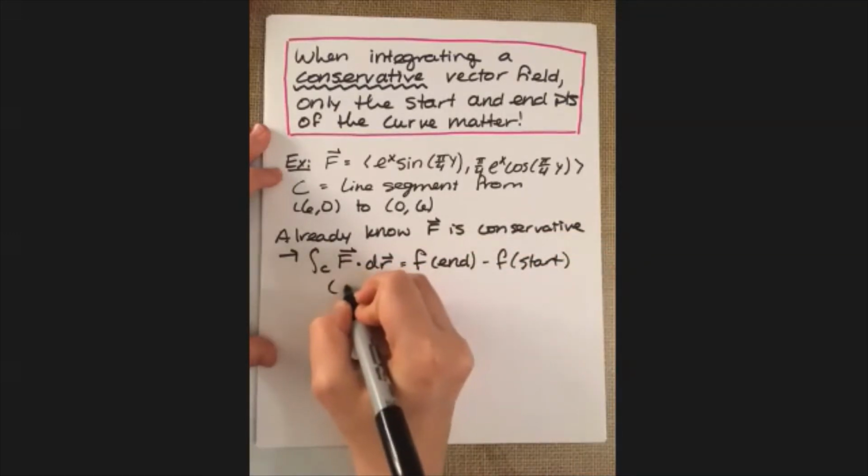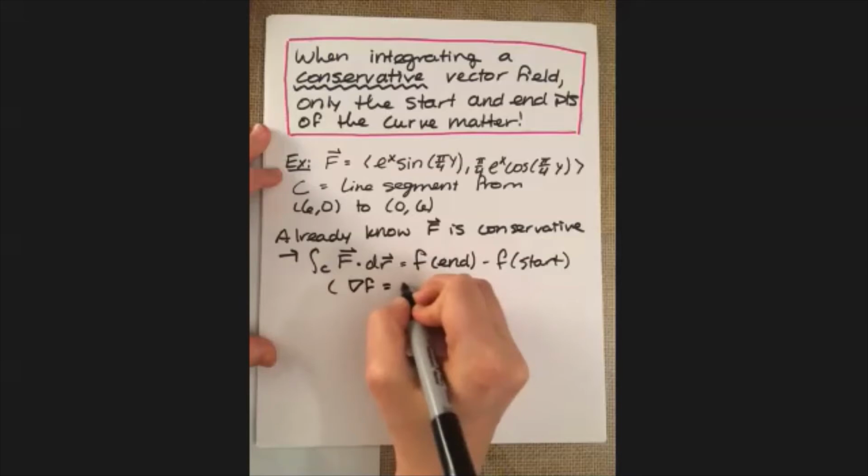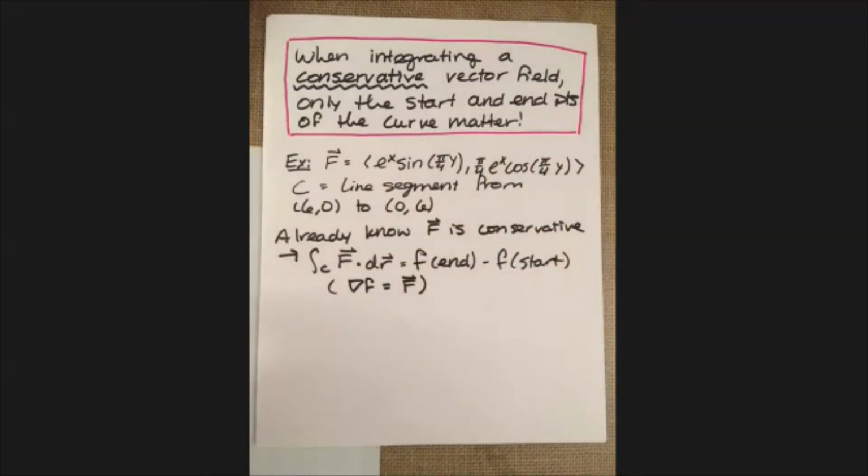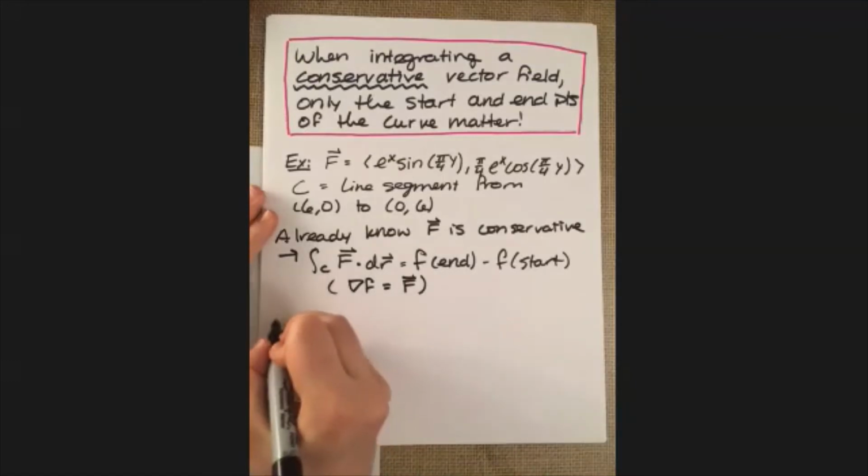So our gradient of little f has to be equal to our vector field, okay? Because that's what it means for the vector field to be conservative, right? So step 1, recover f.